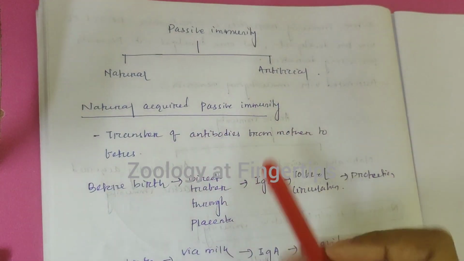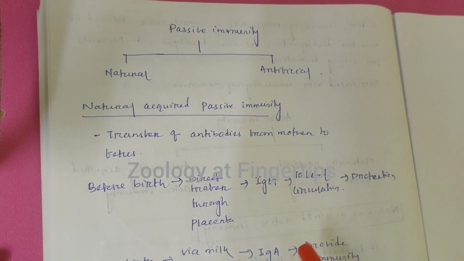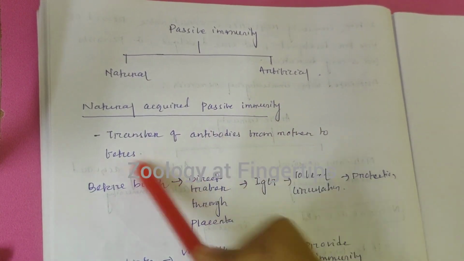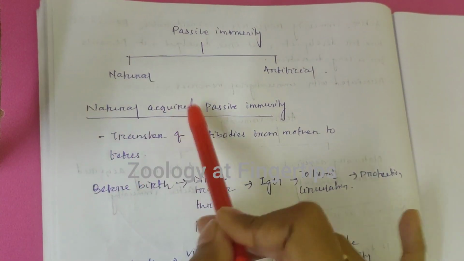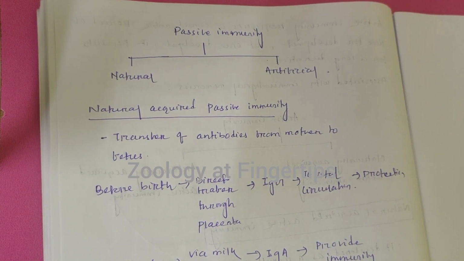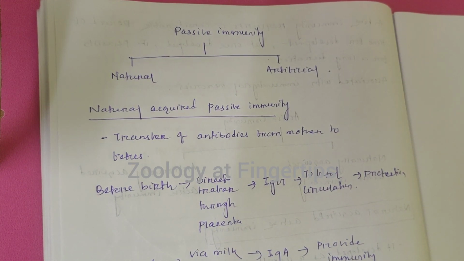What is naturally acquired passive immunity? In this case, transfer of antibodies from mother to fetus is a common example, because before birth, direct transfer of antibodies from mother's blood to fetus blood through the placenta occurs, which provides protection against various types of disease to the fetus before birth.